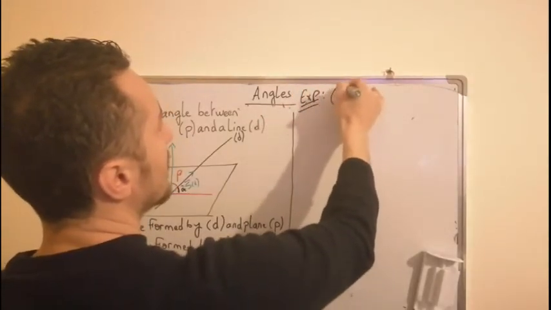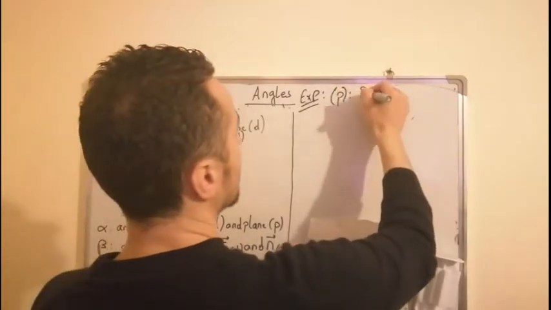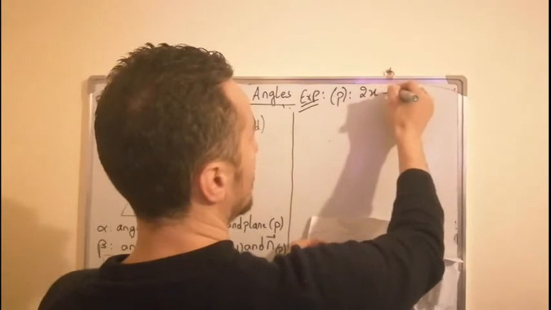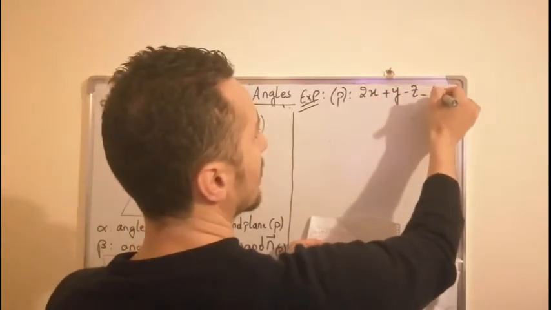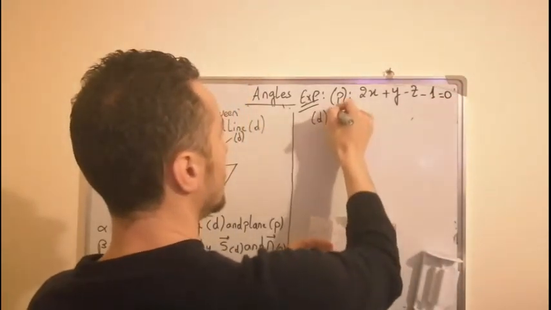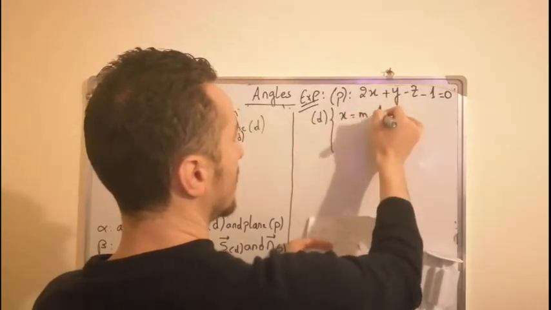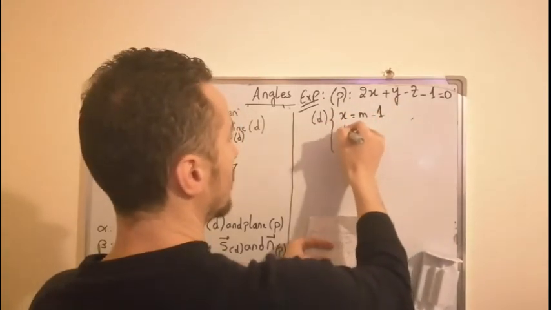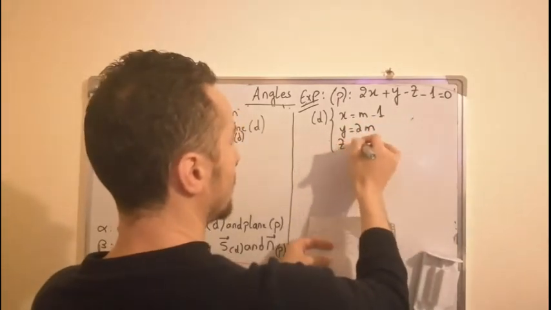Given the plane P of equation 2x plus y minus z minus 1 equal to 0, and the straight line D of equation x equals m minus 1, y equals 2m, and z equals m.